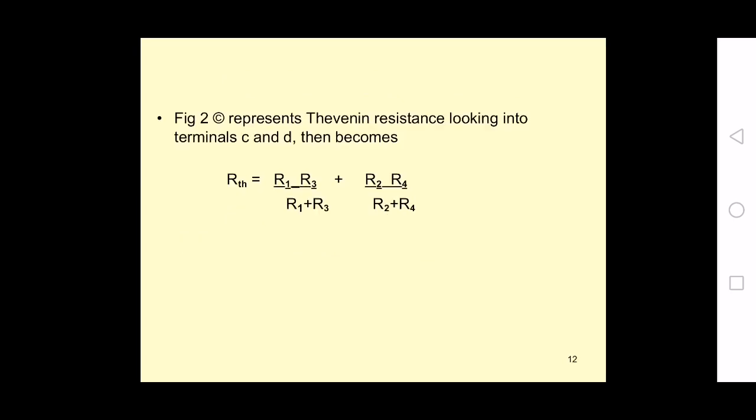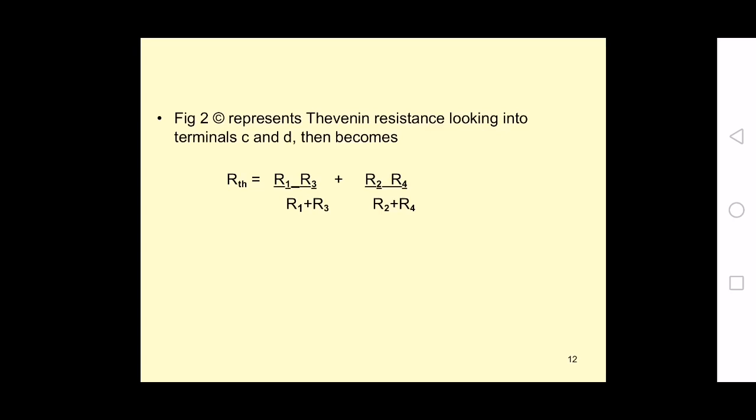Similarly, the Thevenin's equivalent resistance is R1 R3 parallel, R2 R4 parallel, looking into the terminals C and D. You already know this from network theory, so I am not discussing deeply how to find VTH and RTH.